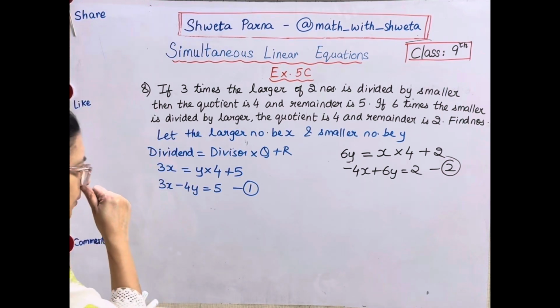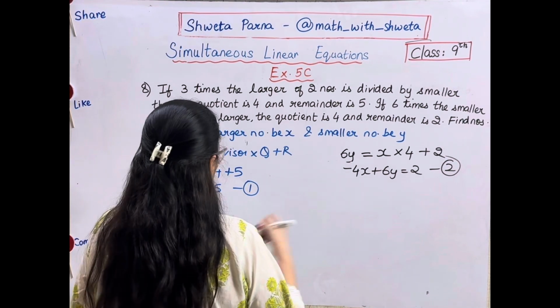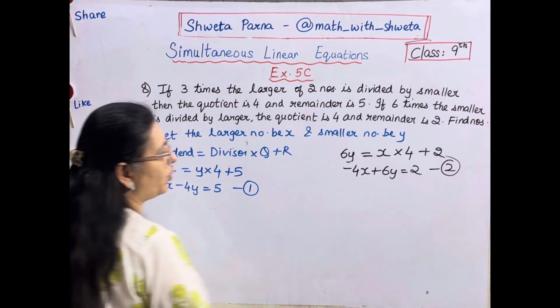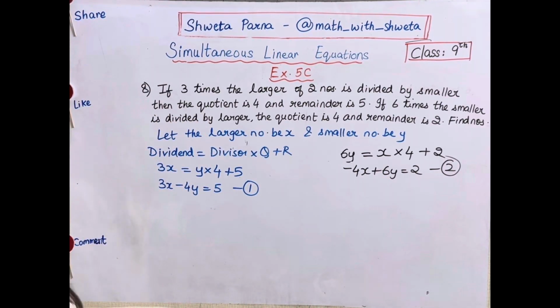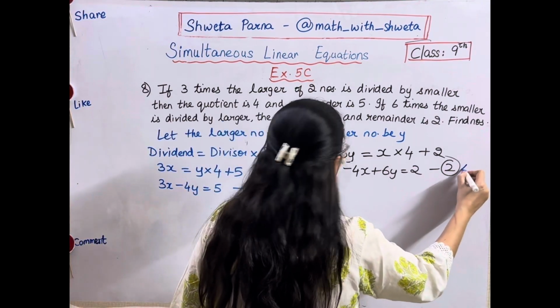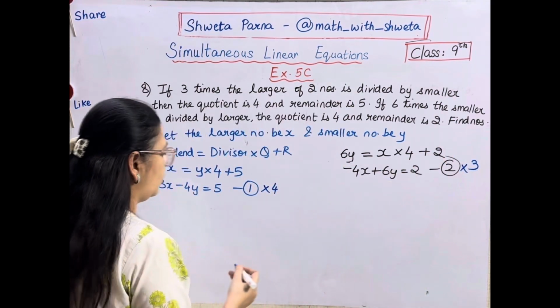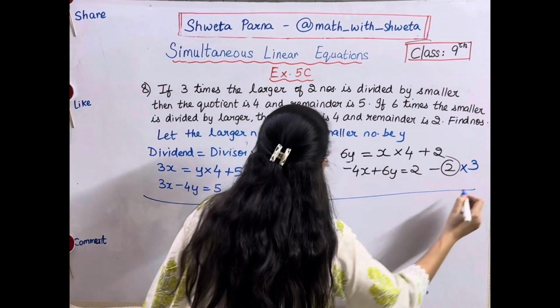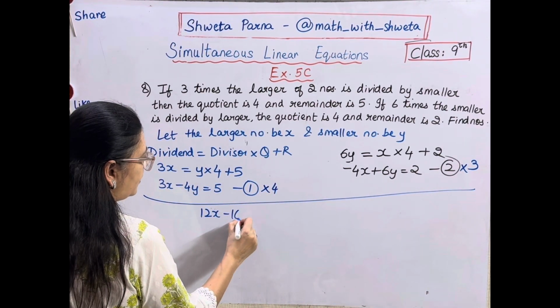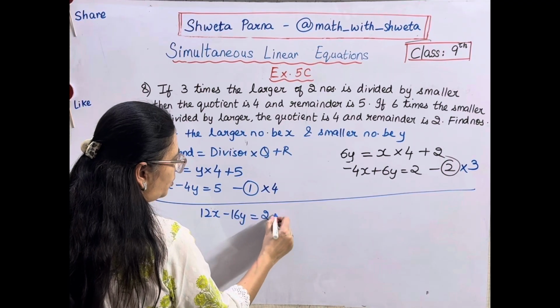Now, let's solve this too. So, it is 3x minus 4y is equal to 5 and minus 4x plus 6y is equal to 2. So, this you can multiply by 4 and this you can multiply by 3. Okay, when you do this, what you will get? Into 4, so 12x minus 16y is equal to 20.